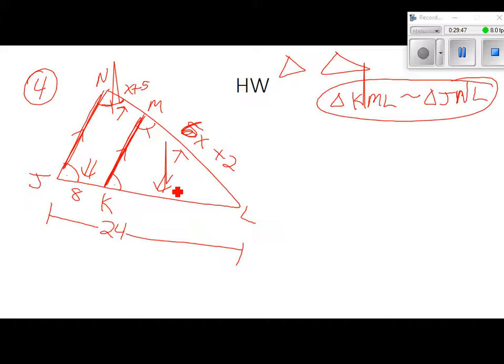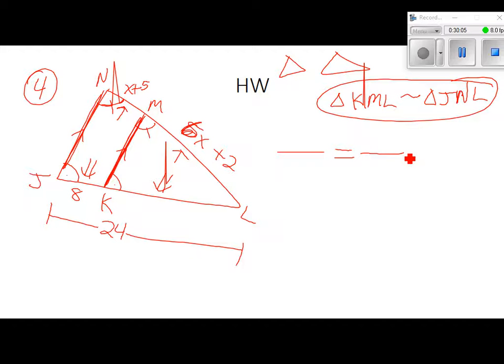So instead of having to split them up and add these two together to get L in, the whole thing there, and do all that, we don't have to do that. So watch closely, because some of them this will make it easier. Now, is this going to work for every problem? No.